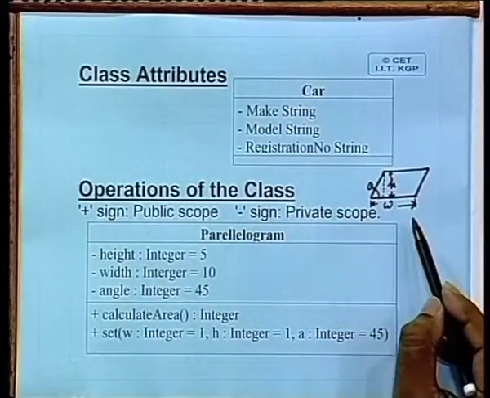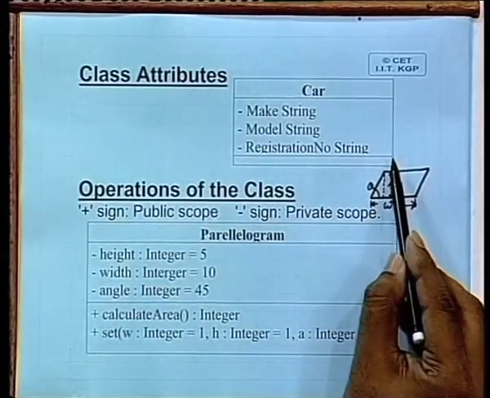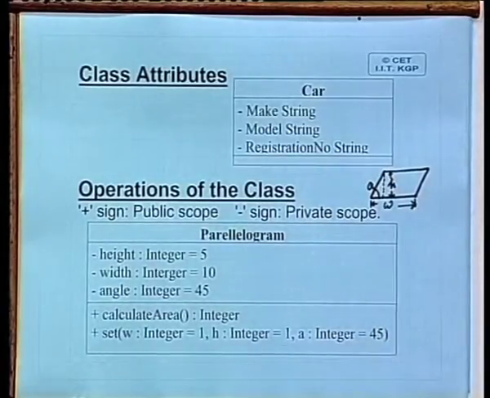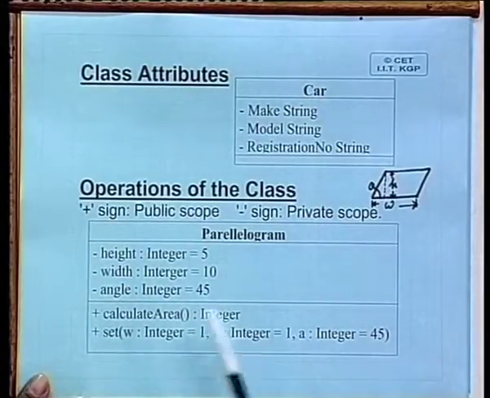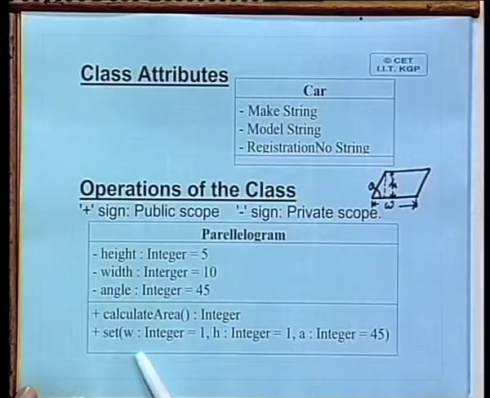If you have these three things, you first draw the base, then you put the angle and go up to the point where you reach that height, then the rest of the things can be completed. So, if these three things are there, you can construct the parallelogram. Then the parallelogram has two more things, two operations we have defined. One is calculate area and another is set its width, height and angle, basically like an initialization.